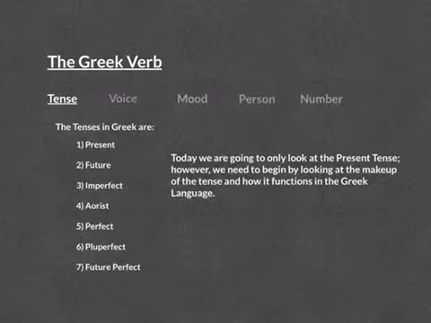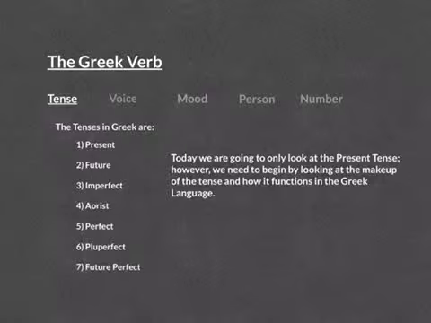So the tenses are: number 1 is present, 2 future, 3 imperfect. Who wants to try number 4, pronouncing it? No, aorist. Yeah, number 4 is aorist. Number 5 is perfect. Number 6 is pluperfect. Number 7 is future perfect. And today we're just going to be looking at the present tense.